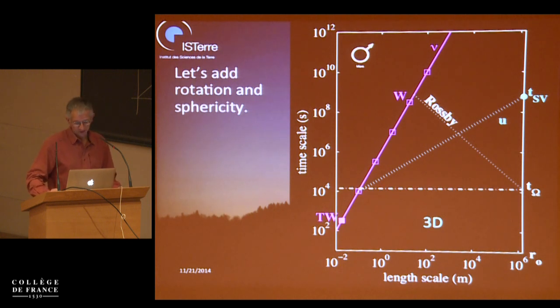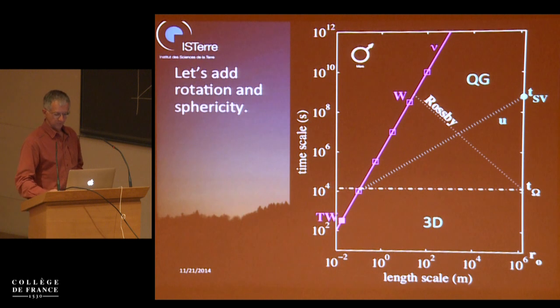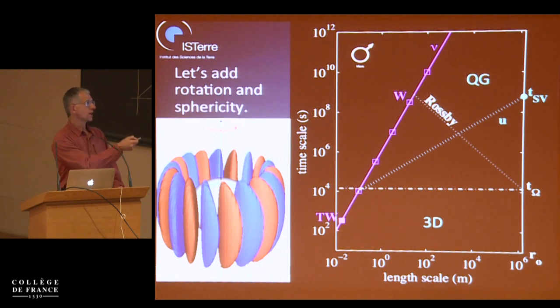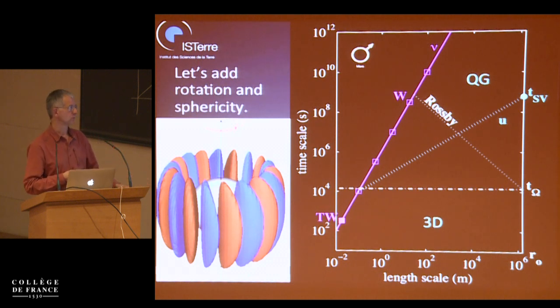And one thing we expect is that you end up with motions which are very much organized by rotation in the form of quasi-geostrophic structures, like columns which are aligned with the axis of rotation, like what there is on this convection picture by Simitev. So at some large time scales, we expect that quasi-geostrophic motions should be present, and many of the dynamos which are being used for planets are showing some quasi-geostrophic motions.